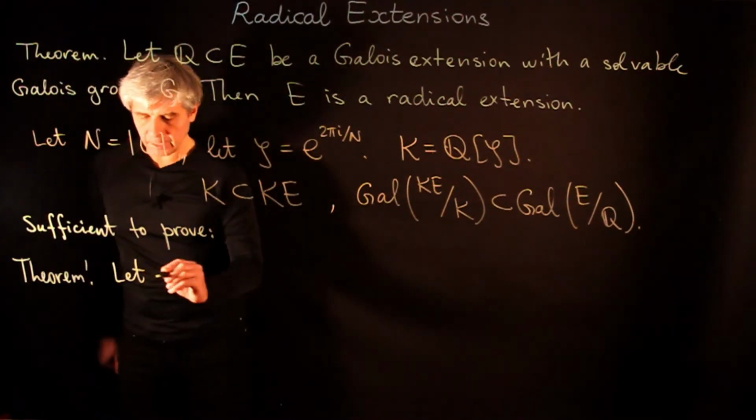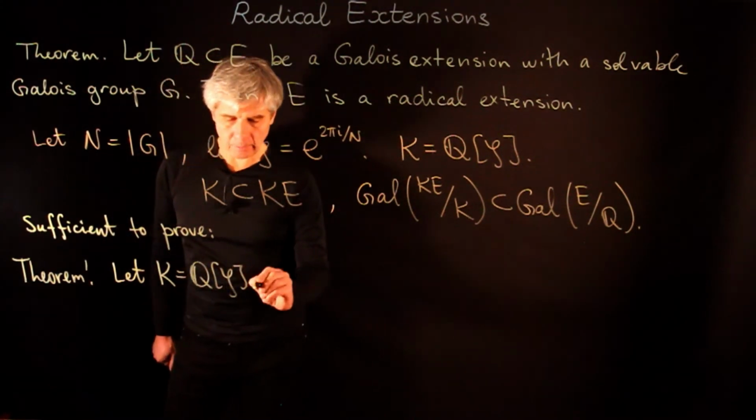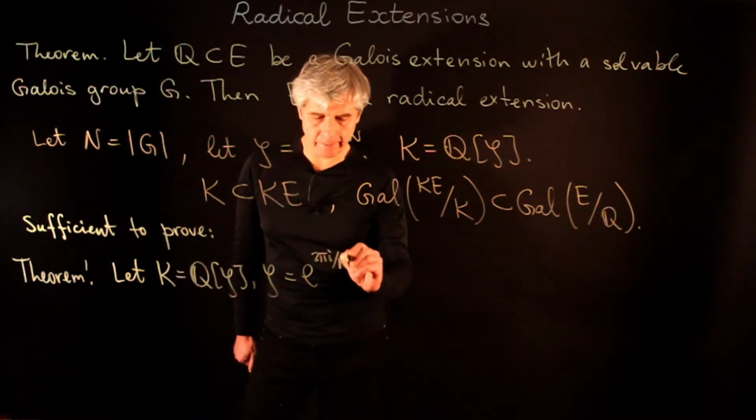Let K be a cyclotomic field where zeta is e to the 2 pi i over n.